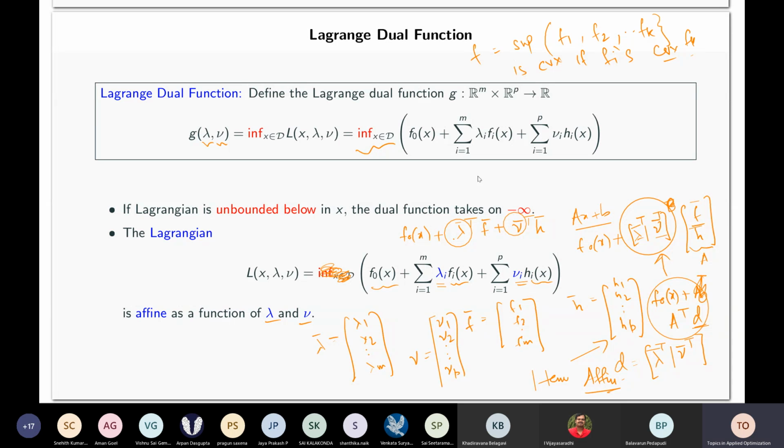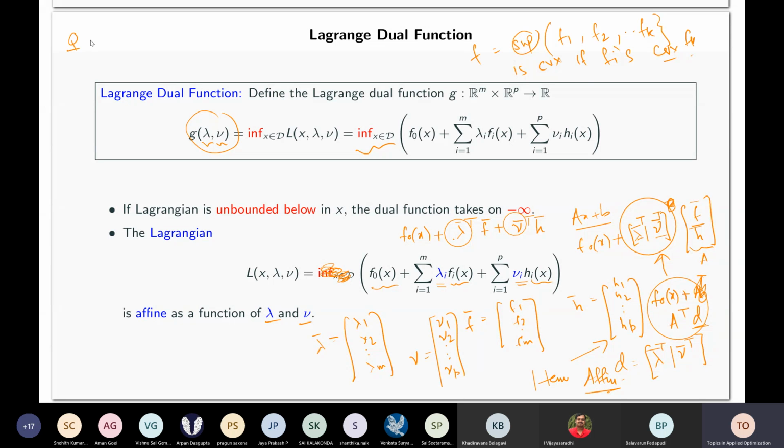So this is the result we know. But if we have an infimum, then what can you say about this? We know a result for supremum, right? Now if I replace this by infimum, can you guarantee that it's still convex?